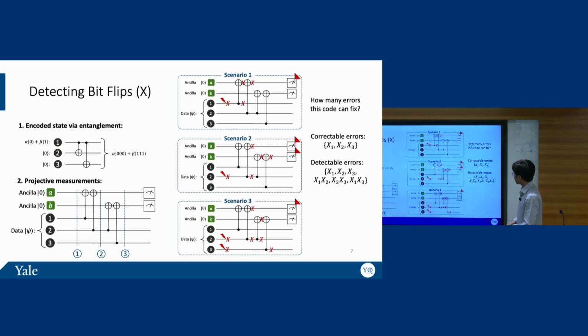And if you allow errors like a double error to occur in the circuit, then sometimes you get confused, but of course you can still detect it. I know an error occurred, but it could be either scenario 1 or scenario 3, but nonetheless, I have detected it. That's why we call this family of errors detectable, but not correctable. Okay, so this is basically a warm-up for quantum error correction codes.